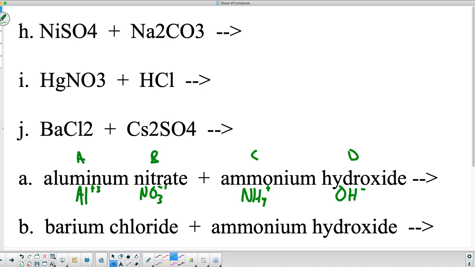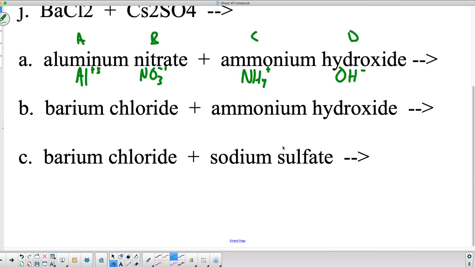So I'm going to give myself a little bit more room by pulling this down. I don't have much room here. So I'm going to erase this and make my compounds. That's actually pretty easy to do. I do my Al, NO3, 3 like that.